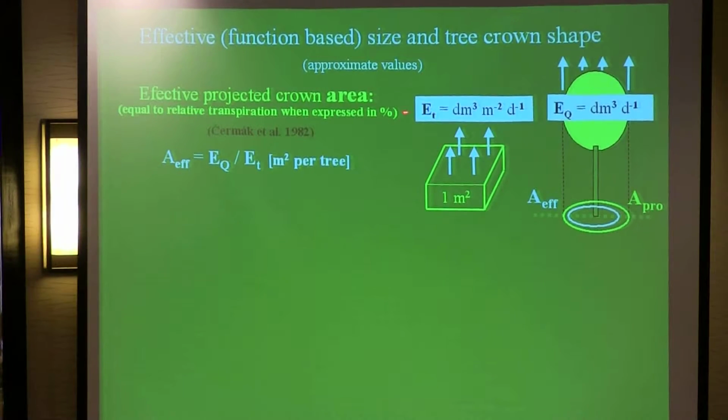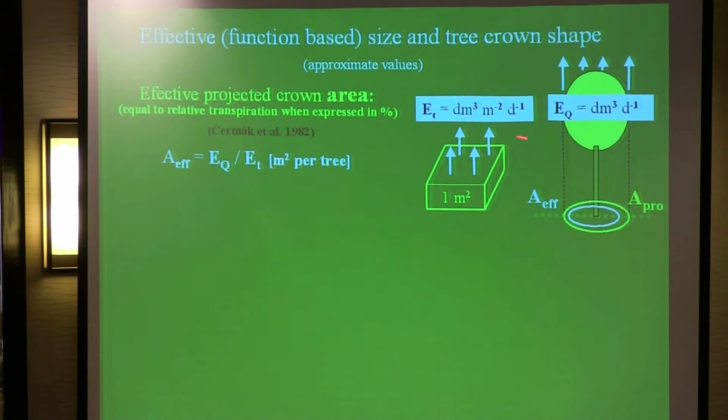Let's assume that we have potential transpiration per 1 square meter of the standard stand. In nice weather, it is 5 millimeters. And then we measure the sap flow rate in a particular tree or their group, for example 100 liters per day.